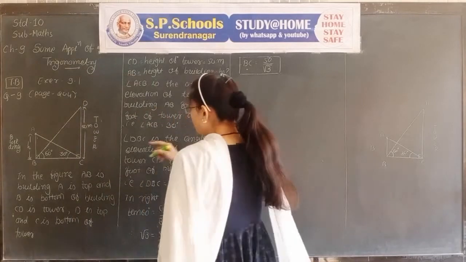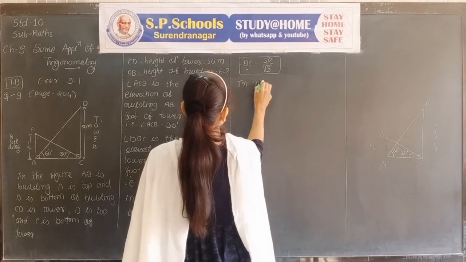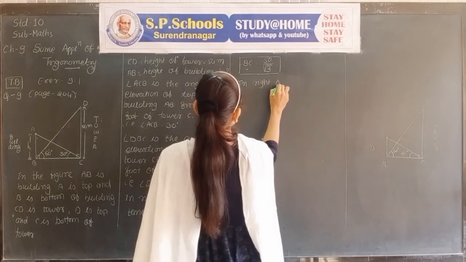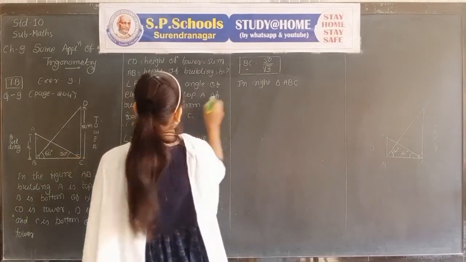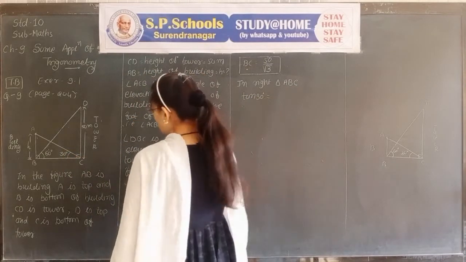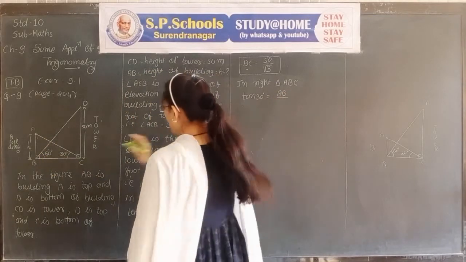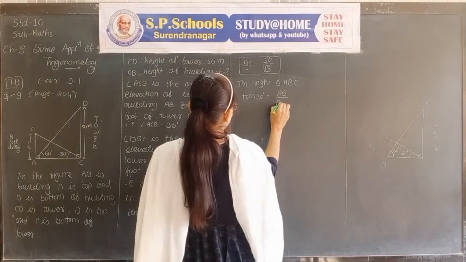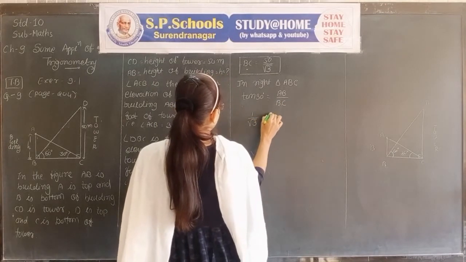Now use right triangle ABC. In right triangle ABC, tan 30 equals opposite AB upon BC, where tan 30 equals 1 upon root 3.